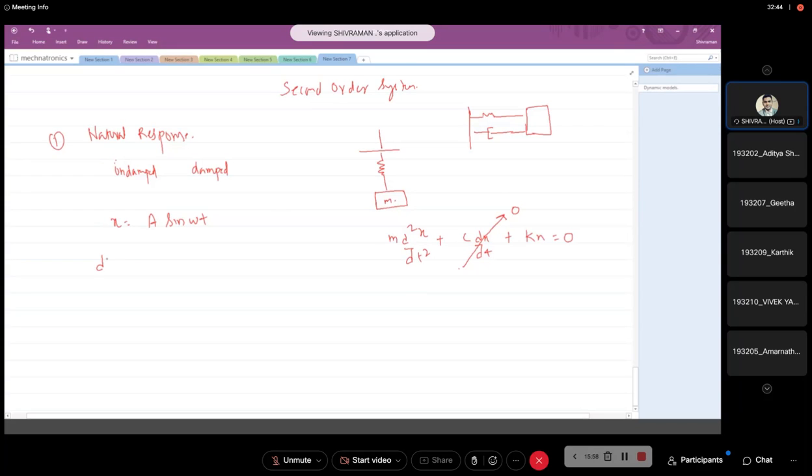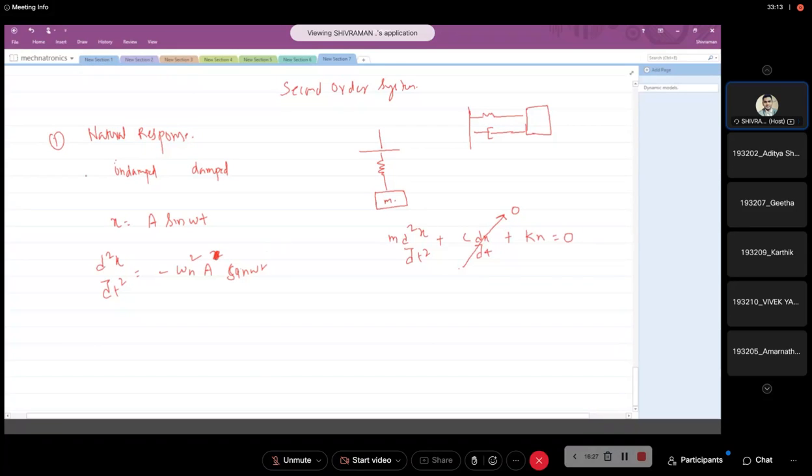So what you will get? d²x/dt² is equal to minus omega n squared x. First differential of A sin omega t is A omega cos omega t, and the second differential again, it will be minus A omega n squared sin omega t.